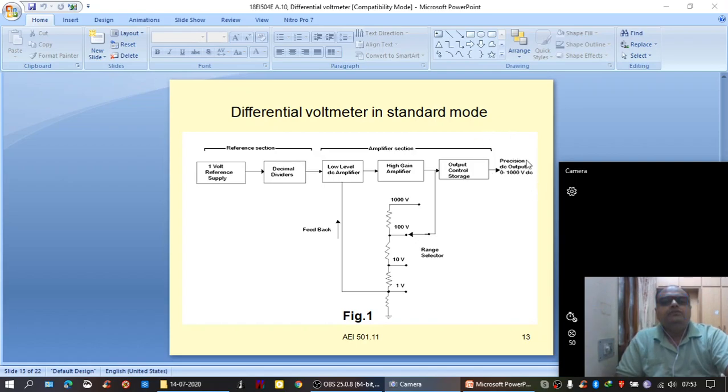Now this voltage is reduced, so naturally there was a reduction in the high gain amplifier output.